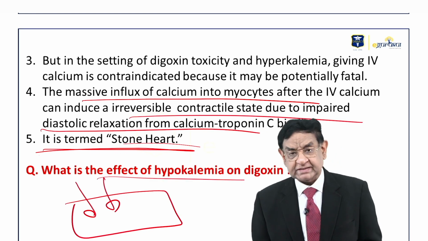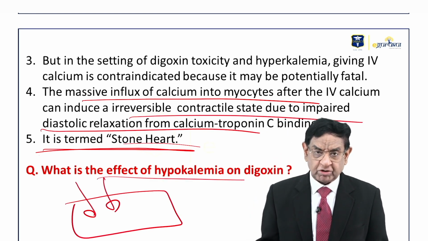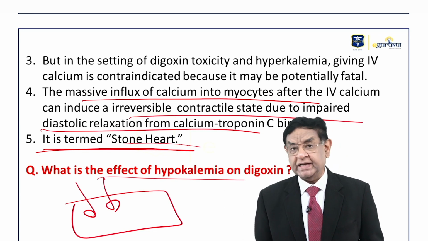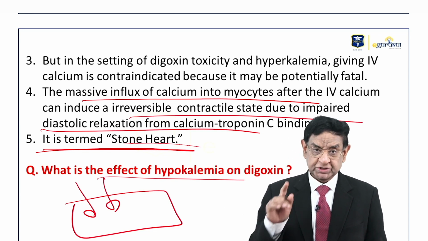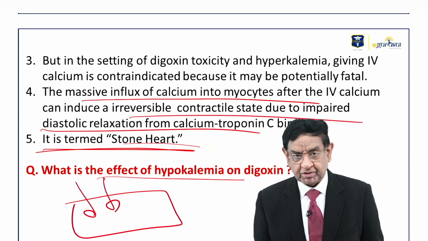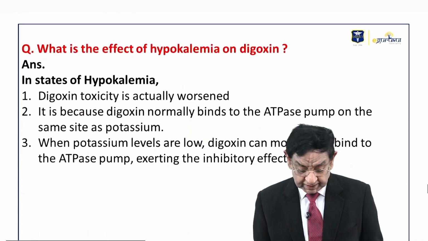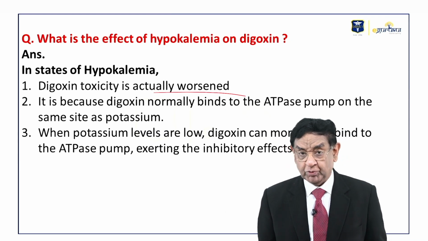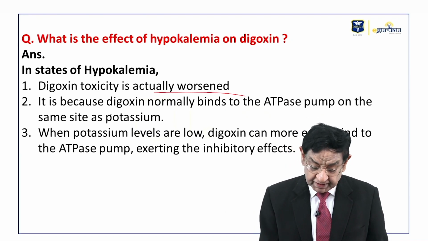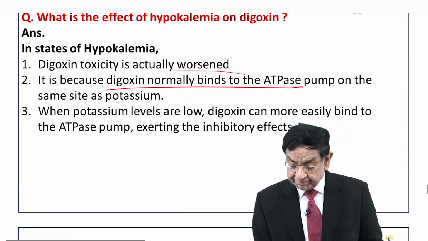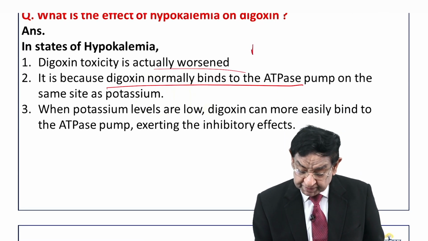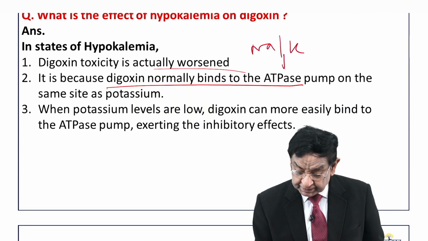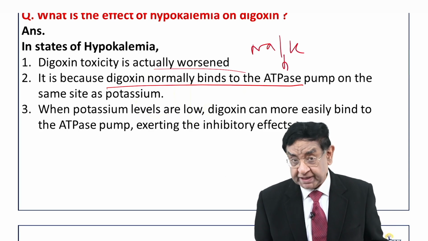Now let us discuss a little bit more. What is the effect of hypokalemia on digoxin? Stop the video and write down the answer in your copy. Digoxin toxicity is worsened by hypokalemia. The reason is that digoxin normally binds to the sodium potassium ATPase pump at the same site where potassium binds.